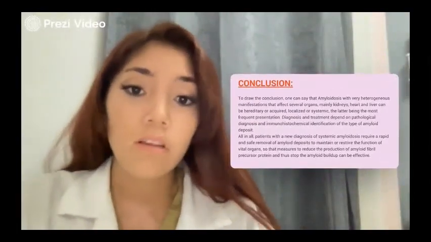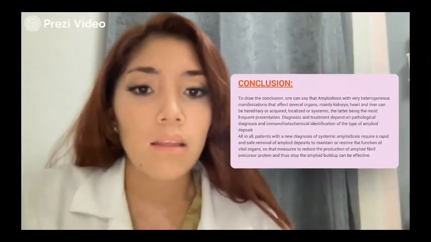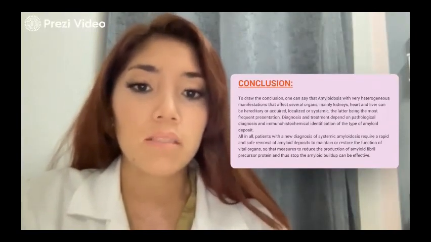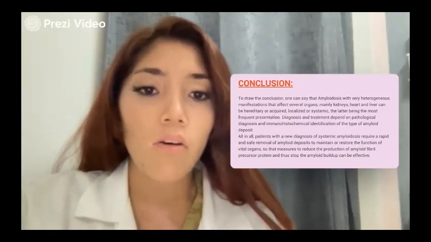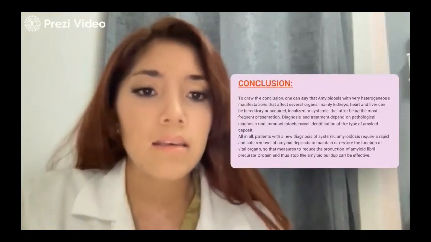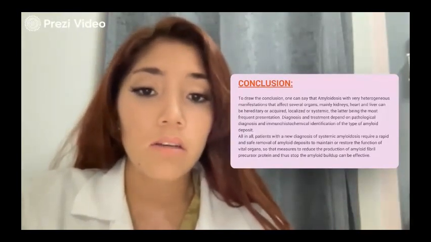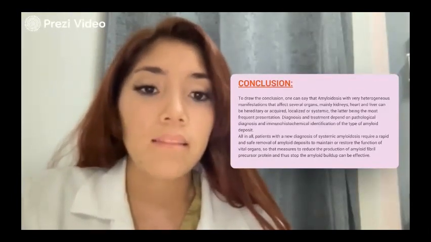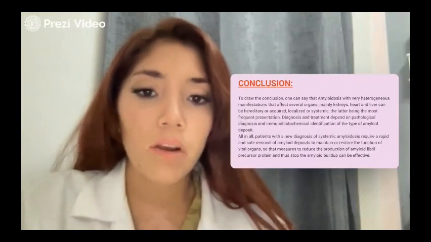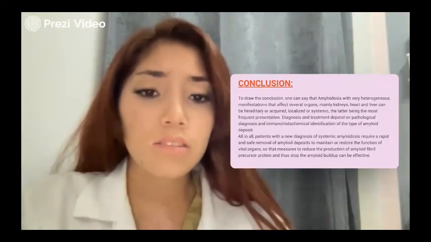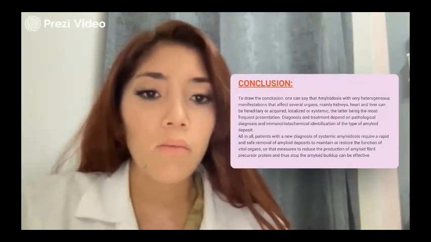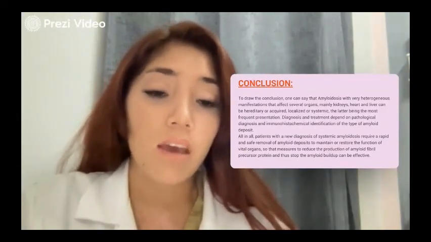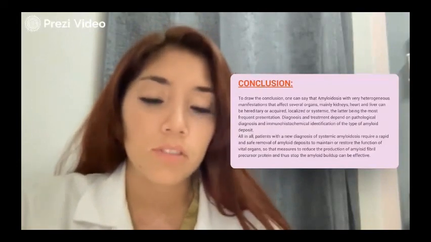In conclusion, one can say that amyloidosis, with very heterogeneous manifestations that affect several organs, mainly kidneys, heart, and liver, can be hereditary or acquired, localized or systemic, the latter being the most frequent presentation. Diagnosis and treatment depend on pathological diagnosis and immunohistochemical identification of the type of amyloid deposit.